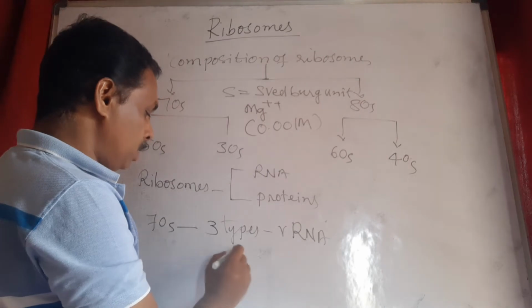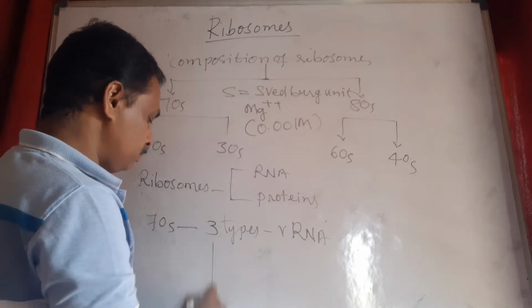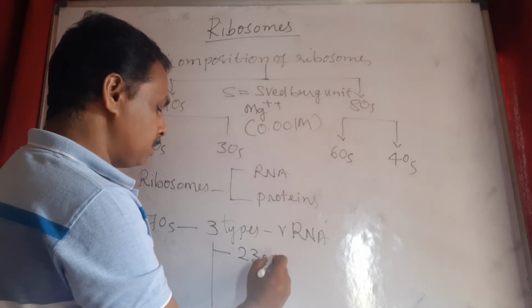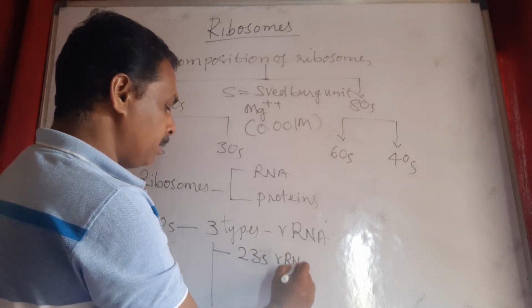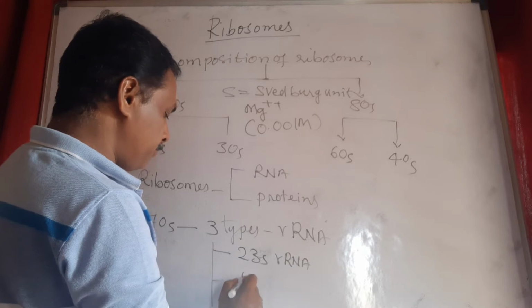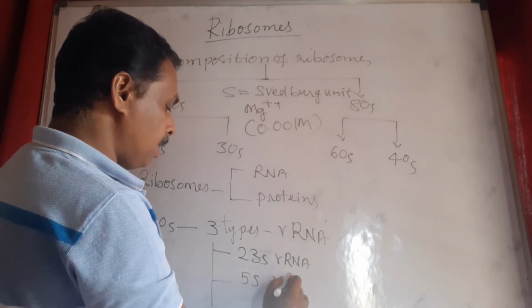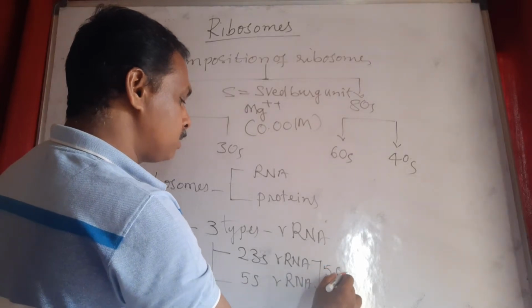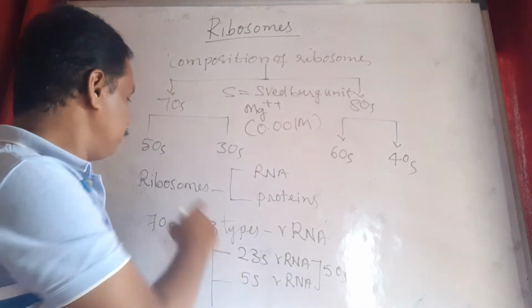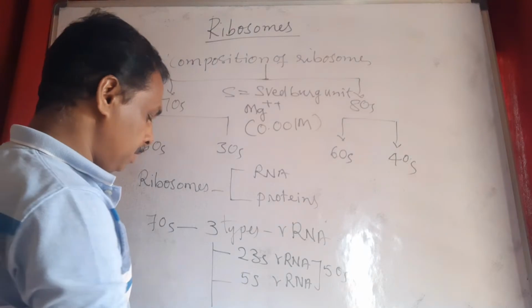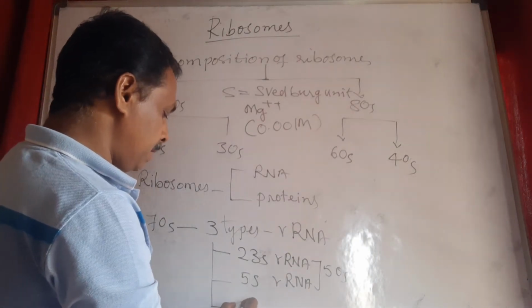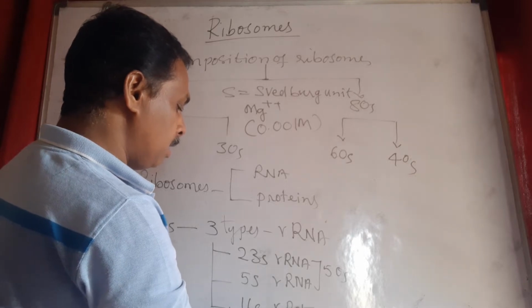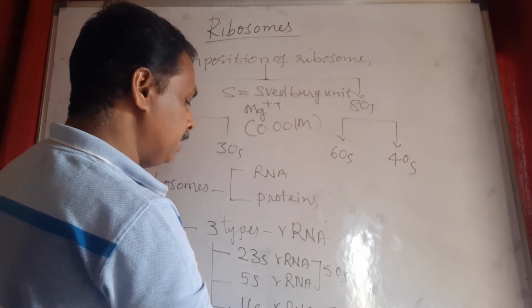One is 23S rRNA and 5S rRNA of 50S, the larger subunit of 70S, and 16S rRNA of the 30S type.